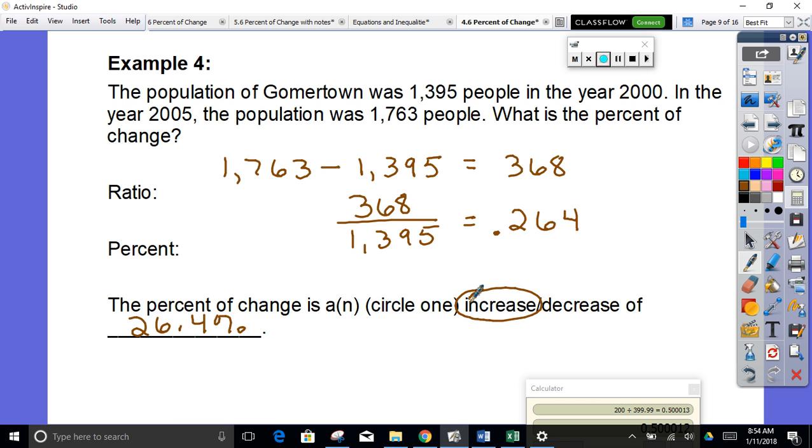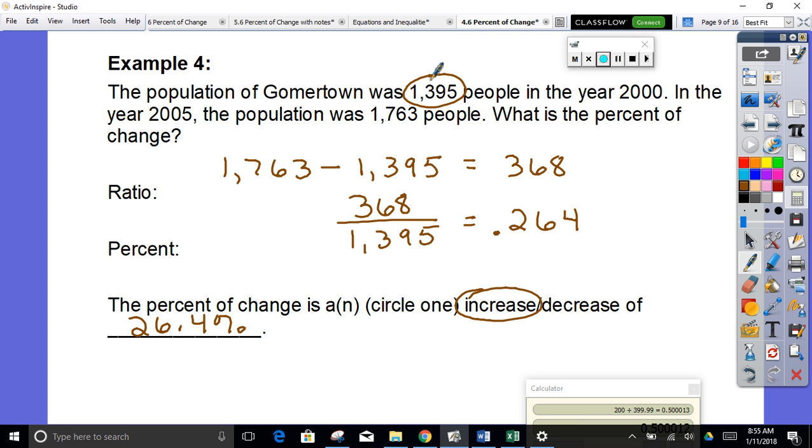We wouldn't call that a markup because you don't mark up the population increases. Guy? If I said to round the percent to the nearest tenth, you would. I didn't specify, so no, it wouldn't technically be wrong. So you have to be really careful about that start. It helps sometimes to circle the start in the problem so you remember which number you're going to divide by.